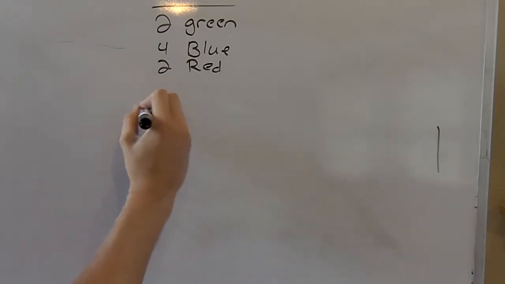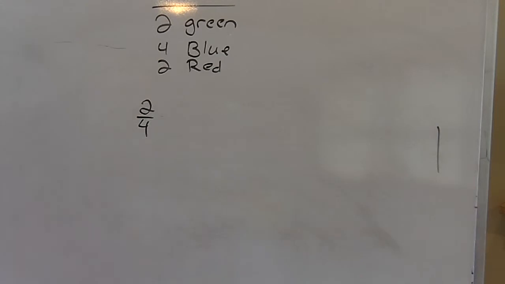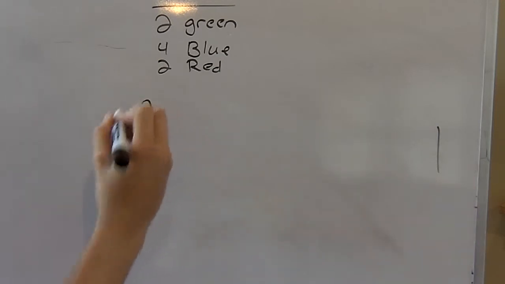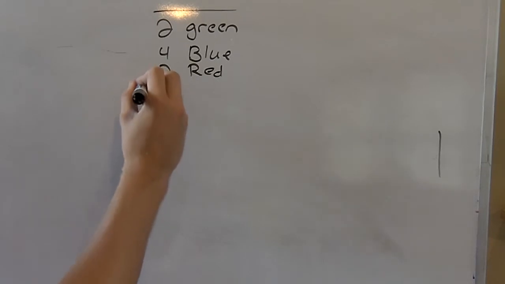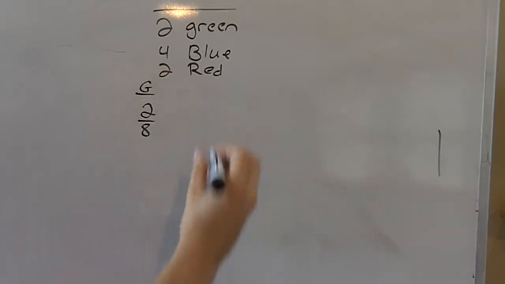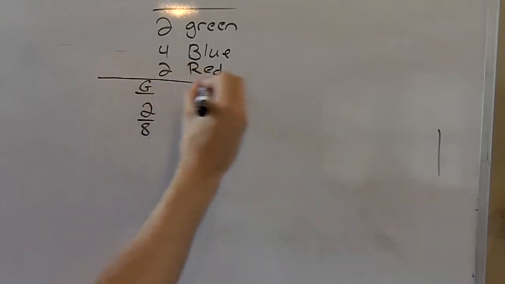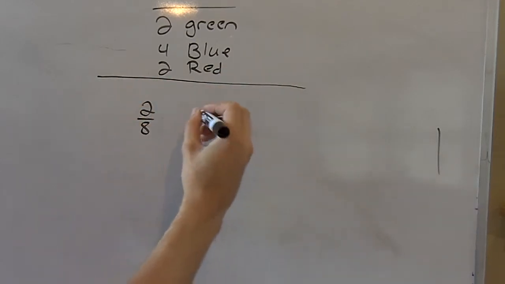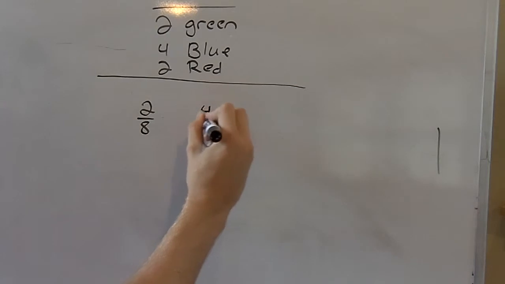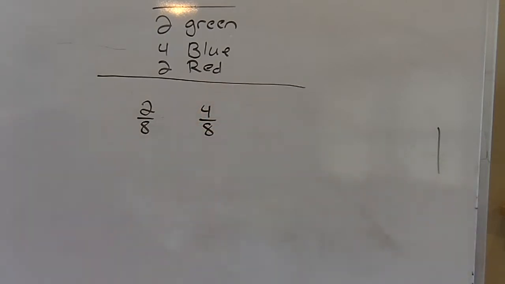I have a 2 out of 8 chance. There are 8 total marbles, and there are 2 green marbles. So there's a 2 out of 8 chance to pull a green marble. There is a 4 out of 8 chance to pull a blue marble.